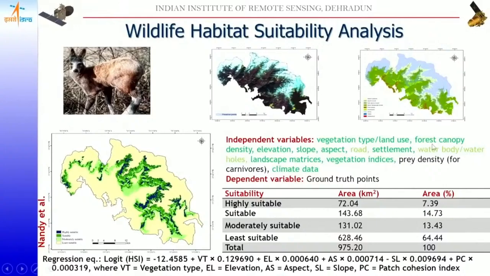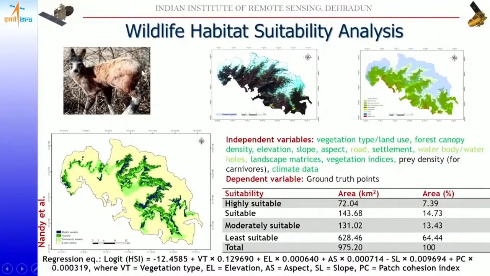What is the number of prey there, and the dependent variable in this case will be the ground truth points for the distribution of a particular species. Because this is based on multiple criteria, a regression equation is developed based on the weightage given to a particular variable.